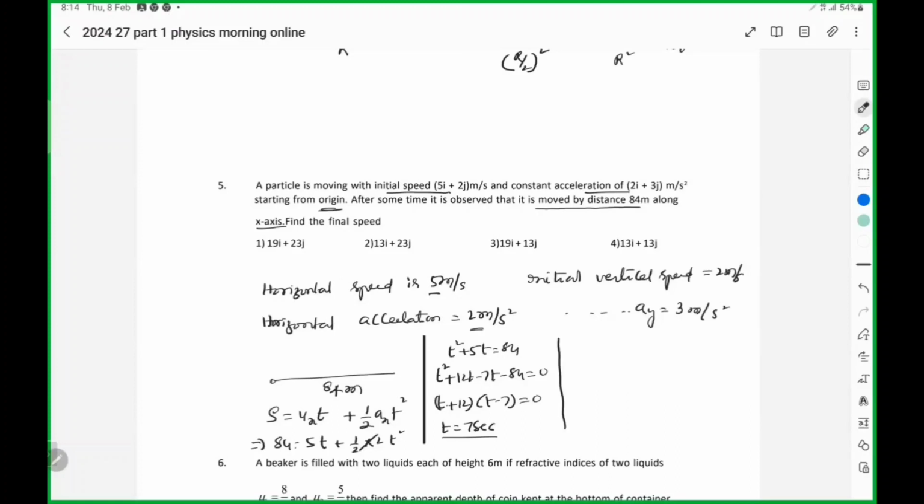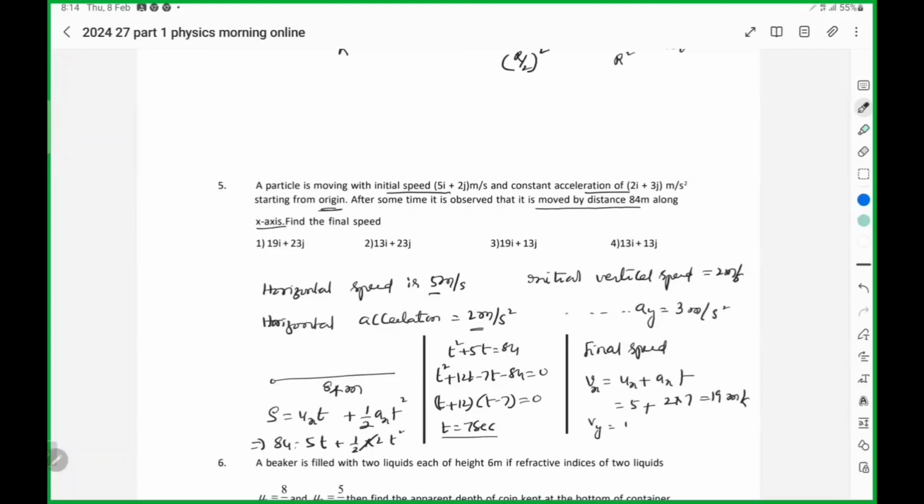Here he is asking for the final speed, meaning the speed when it reaches 84 meters. In the horizontal direction, vx is ux plus ax t. Initially u is 5 meters per second, acceleration in the horizontal direction is this, and with the time, it is 19 meters per second.